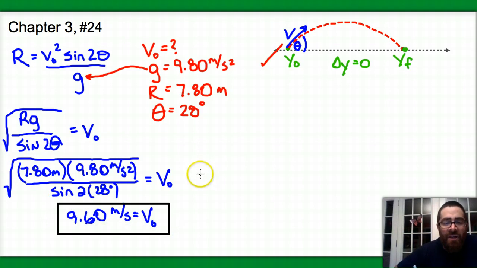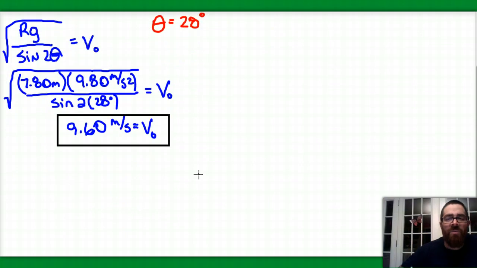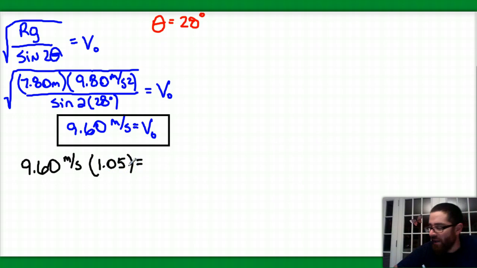Moving on to part B. Part B asks further, if the speed were increased by just 5%, how much longer would the jump be? So in this next part, what I'm going to do is take my initial speed that I've just figured out, 9.60 meters per second, and in order to increase its value by 5%, I'm going to multiply it by 1.05, and that's going to give me a value of 10.1 meters per second.